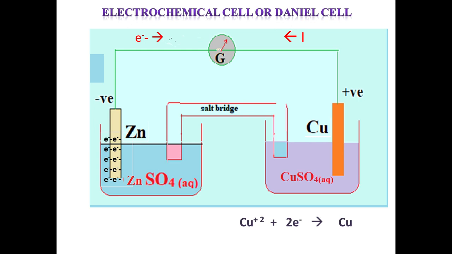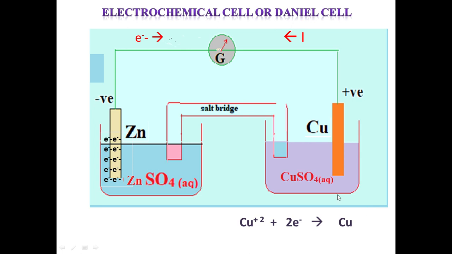So what kind of reaction is carried out? These electrons react with the copper ion and carry out reduction. These two electrons come from the zinc along this metallic wire and are utilized to carry out this reduction. The gaining of electrons is called reduction. The copper 2 plus ion gains 2 electrons and converts into copper solid.